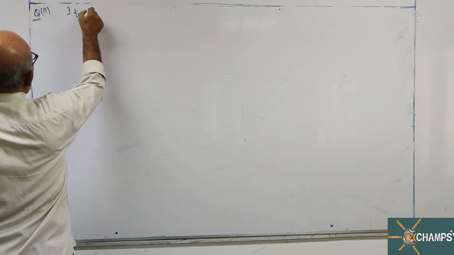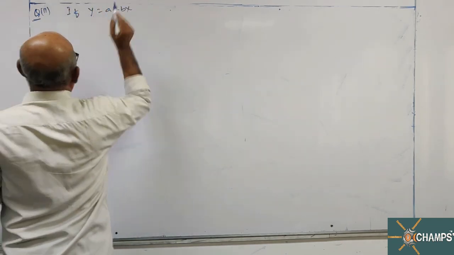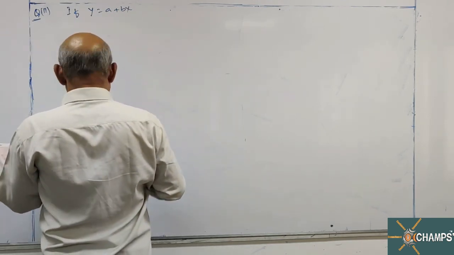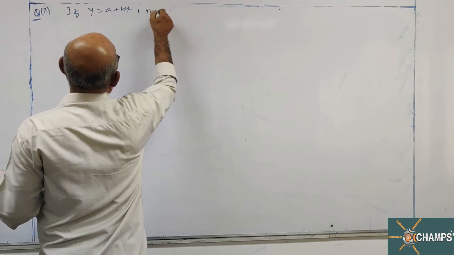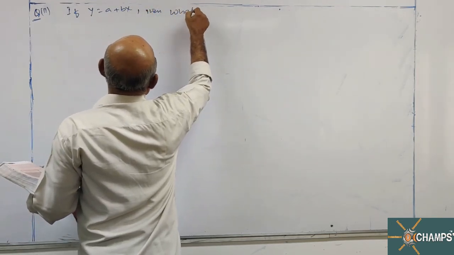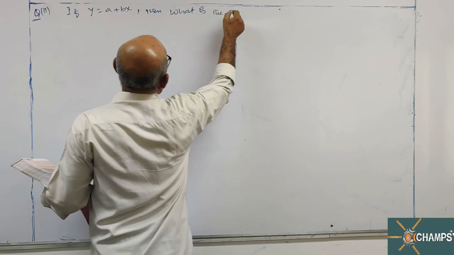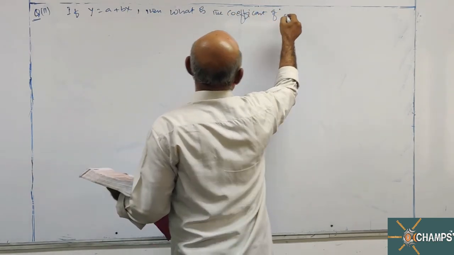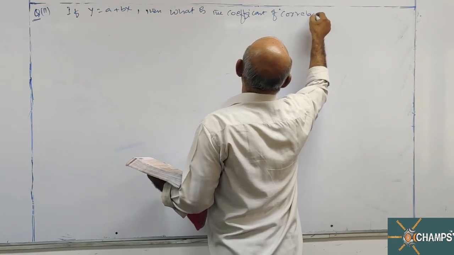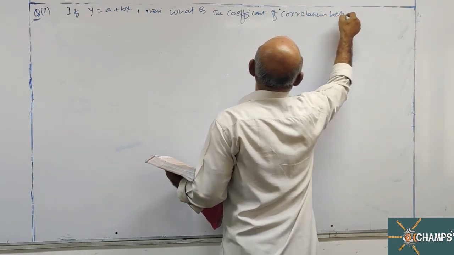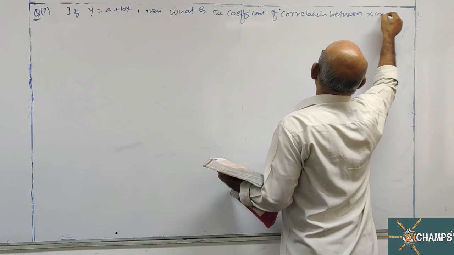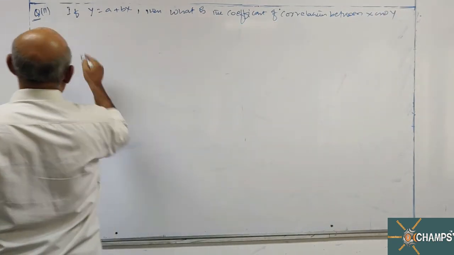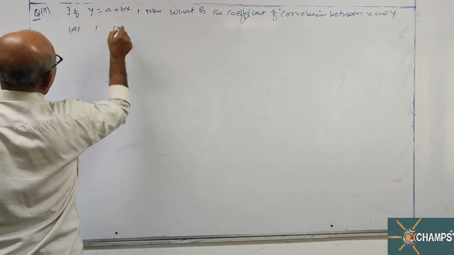If y is equal to a plus bx, then what is the coefficient of correlation between x and y? Option A: 1.